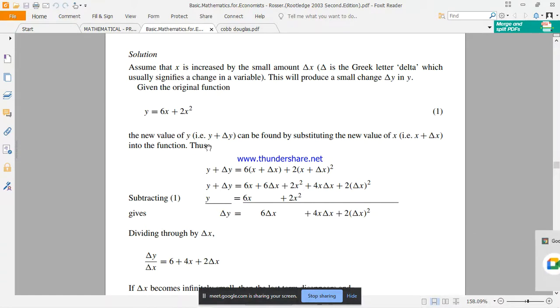Okay, I'll explain that from here. What the gentleman did was, we're assuming that this was the function. He just multiplied 1 times 6, which gave him 6 times x kept constant.